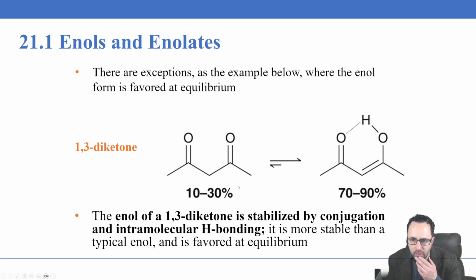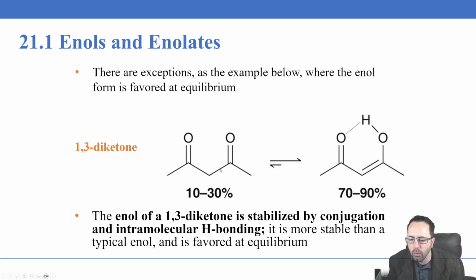Now, there are some situations where this equilibrium is different. For example, if you have a diketone here, it's quite easy for the proton to jump over between these two ketones. You have what amounts to a kind of resonance stabilization.